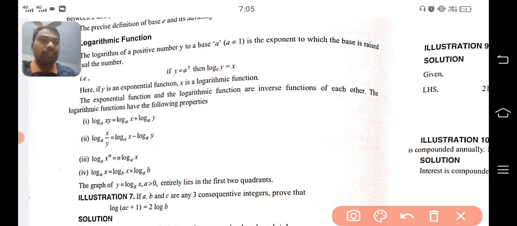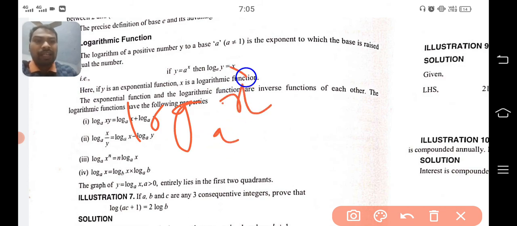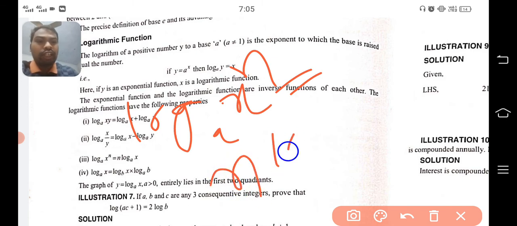Clear? In this way the third property is log base a of x to the power n, which can be represented as n log base a of x.